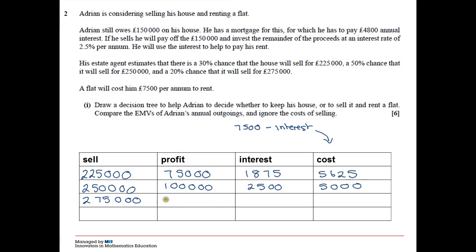And best situation of all is if he got £275,000, then he'd be left with £125,000 after he'd paid back his mortgage, which would give him an interest of £3,125 and leave him with £4,375 to find towards his rent. So there's some numbers that we're going to be able to put in our decision tree. Let's have a go at the decision tree.